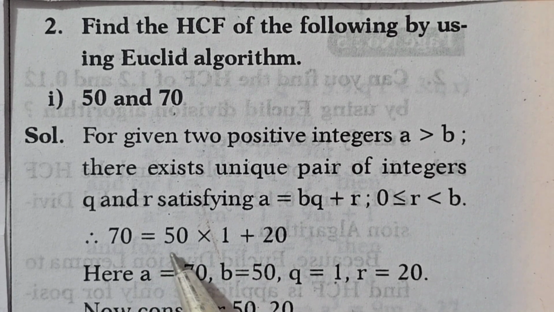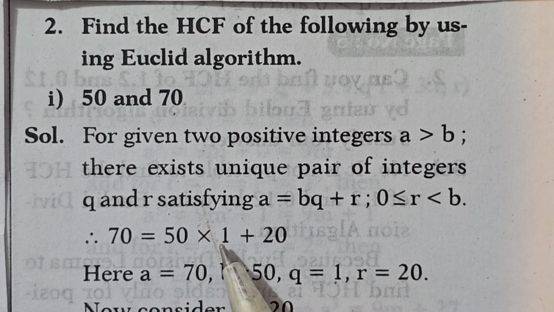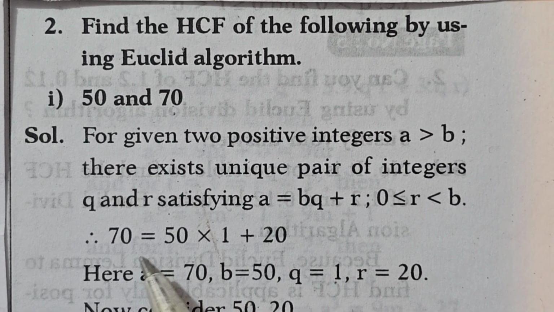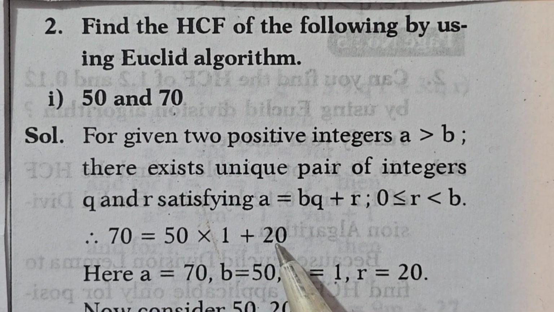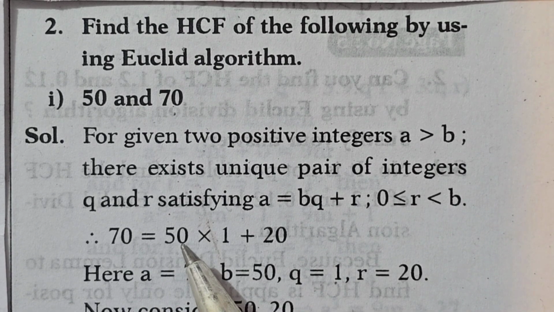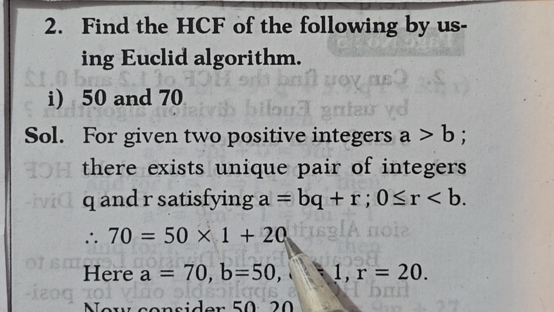So 50 one time is 50 and the remainder is 70 minus 50, that is 20. 50 one time is 50 plus 20 is 70. So we can write this equation 70 is equal to 50 into 1 plus 20, where A is equal to 70, B equal to 50, Q is equal to 1 and R equal to 20.